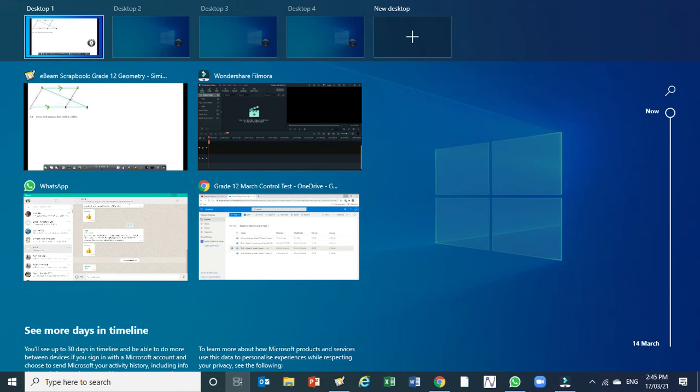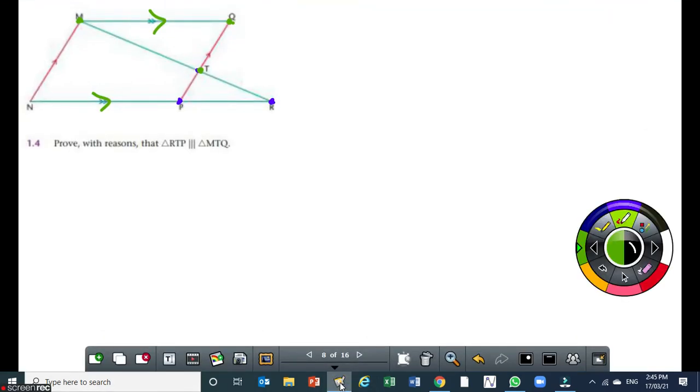So if I want to carry on, the first thing that I have to write is to say, in triangle RTP and triangle MTQ, like that. That's how you start.